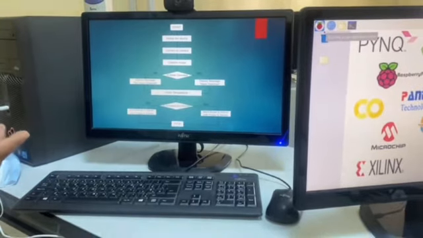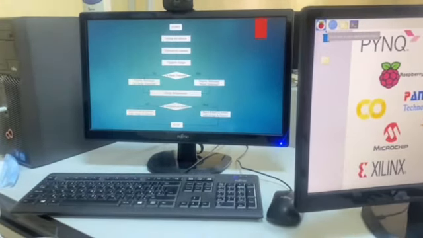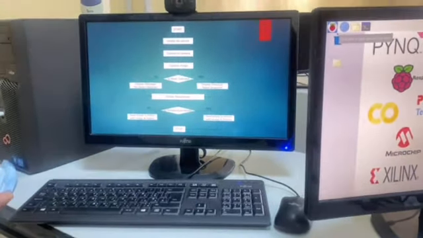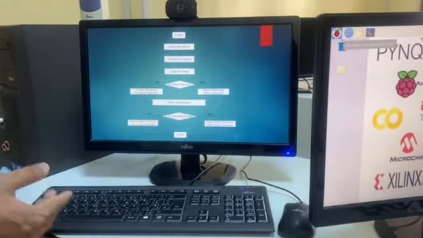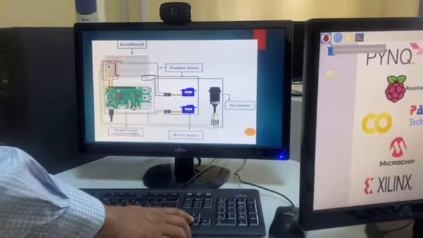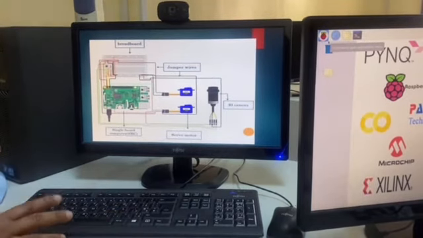After that, we create the design specification, then we develop system models. In the last step, we integrate with the hardware.